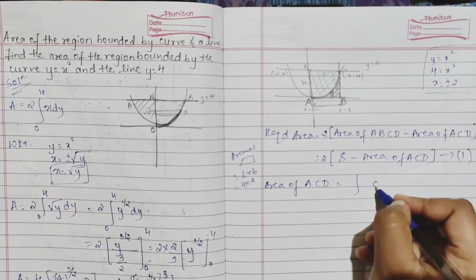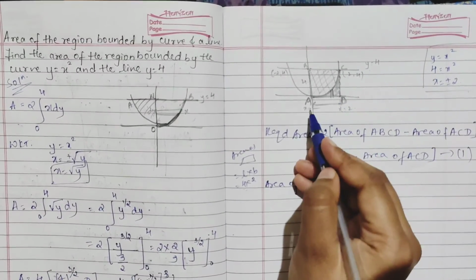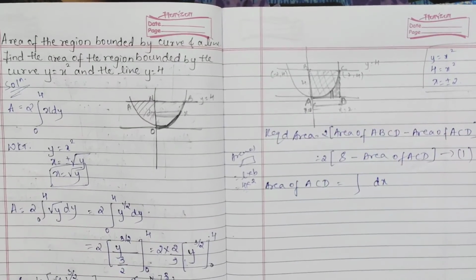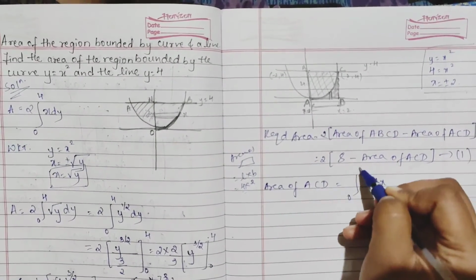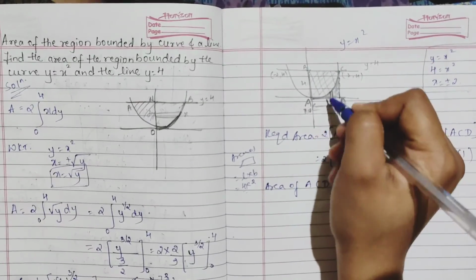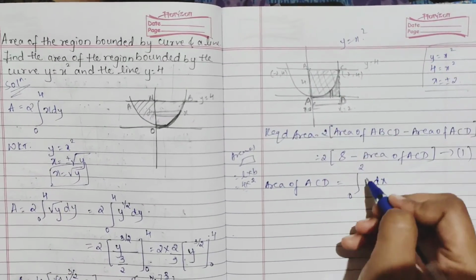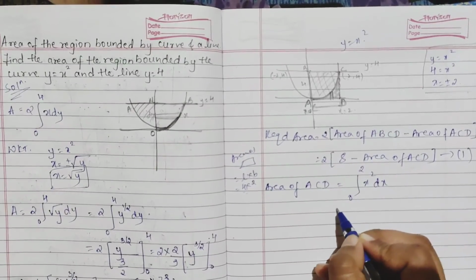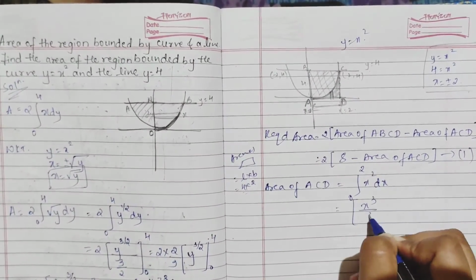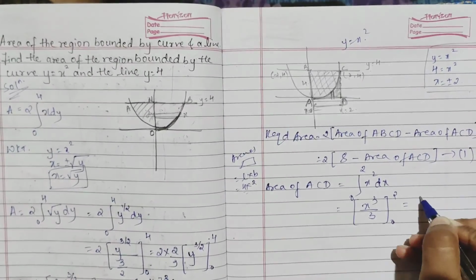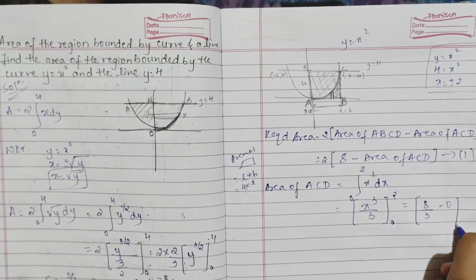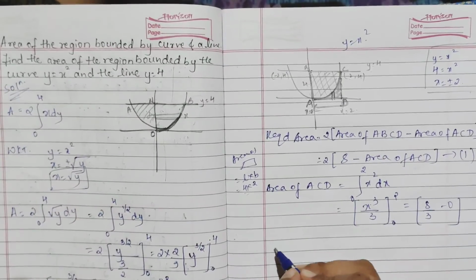So it is dx, and the integral limits are x from 0 to 2, and your function y is x square. The integration of x square is x cube by 3 from 0 to 2. So what will you get? 2 cube, that is 8 by 3, minus 0. This we will replace in 1.